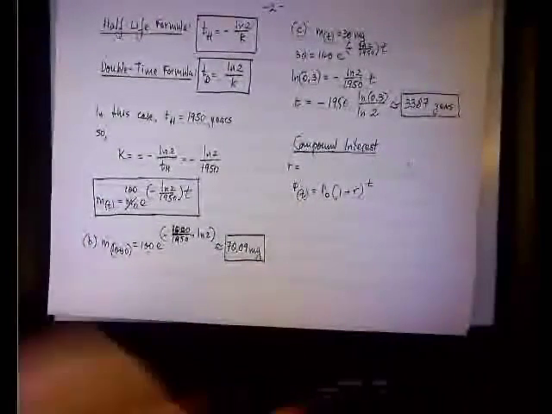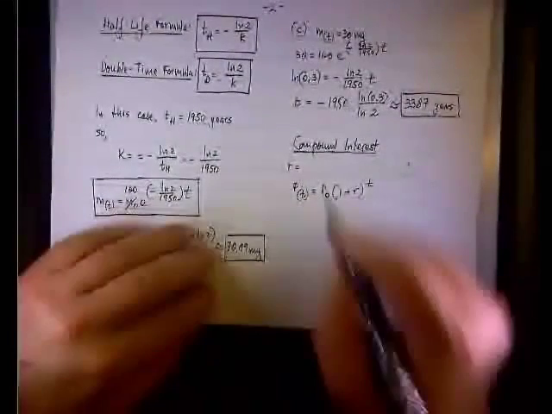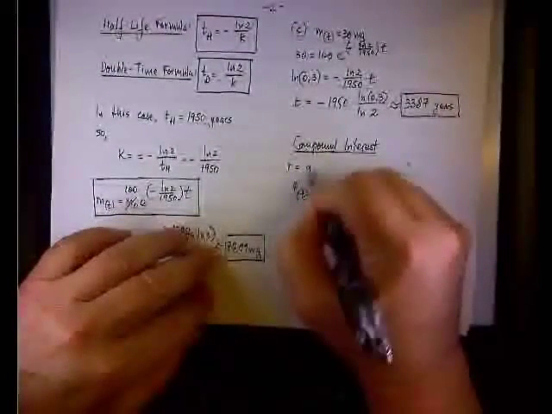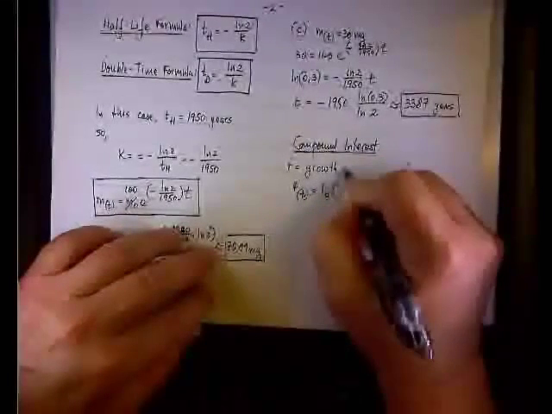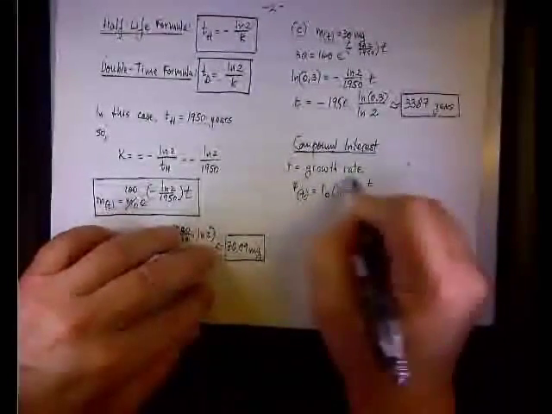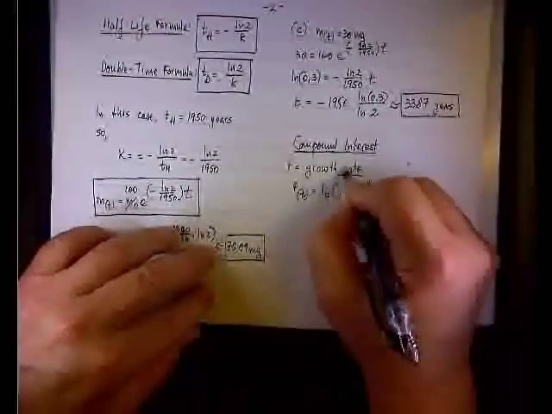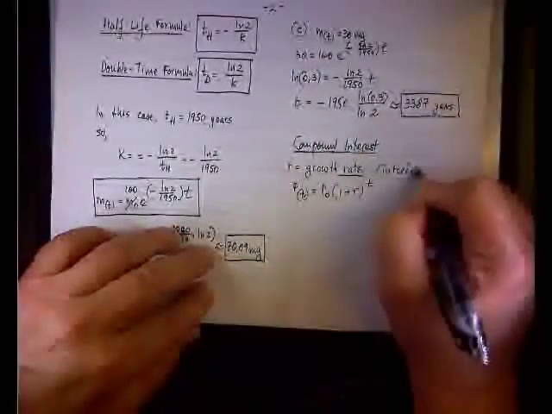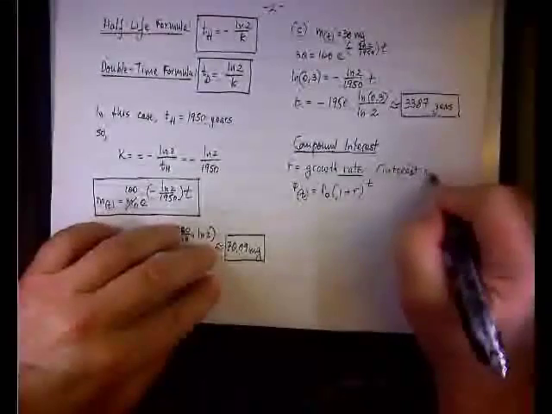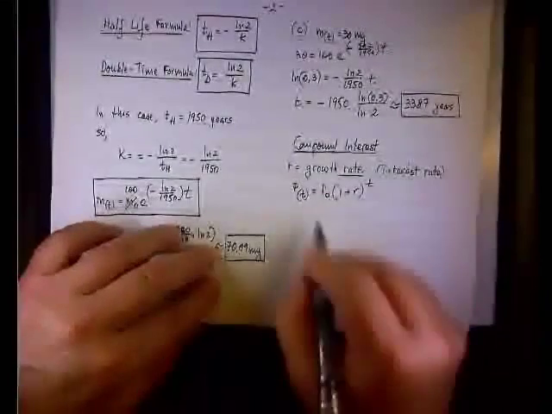Okay, let's hope that this is dry enough. So R is the growth rate, and I'm going to underline the word rate. In this case, we are talking about compound interest, so it would be the interest rate.